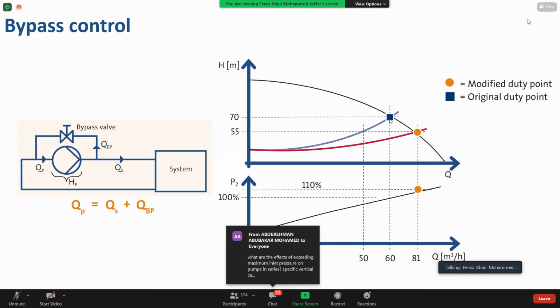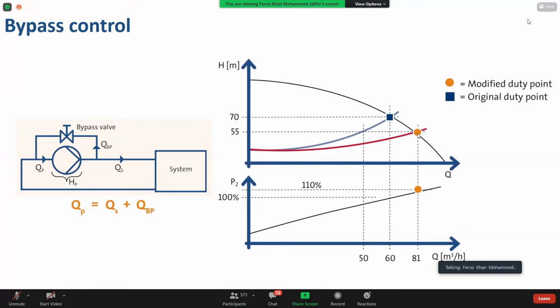So the duty point will shift from this point to the modified duty point. The pump performance will move towards the right-hand side, which means the flow will increase, but that flow will not go to the system because it will come back to the pump and keep circulating. This additional flow of 21 meters will be circulating in this bypass line.